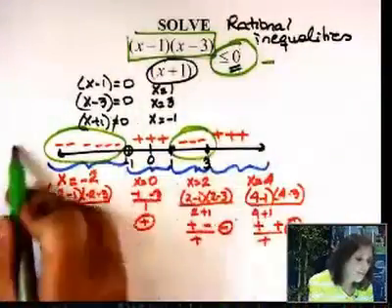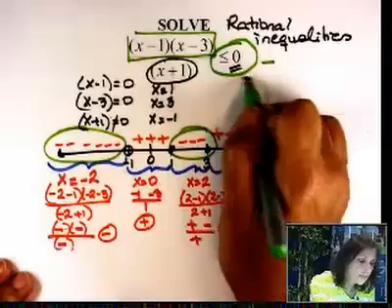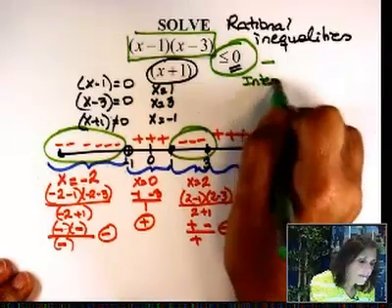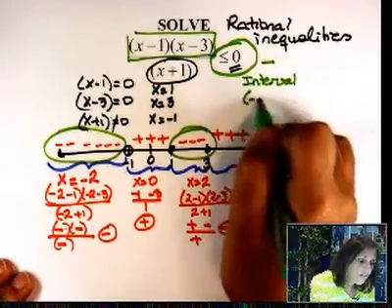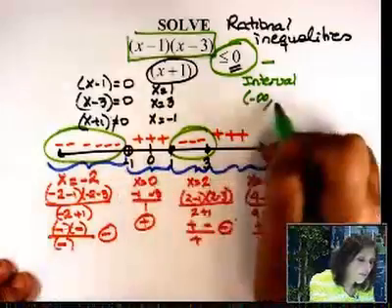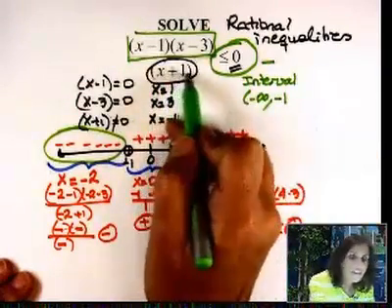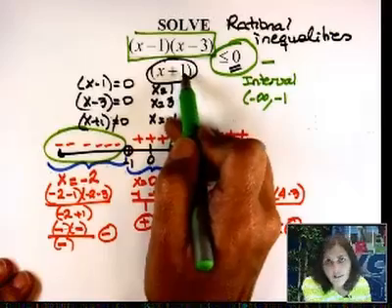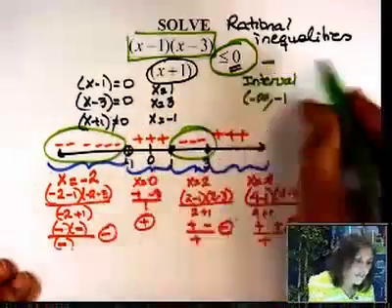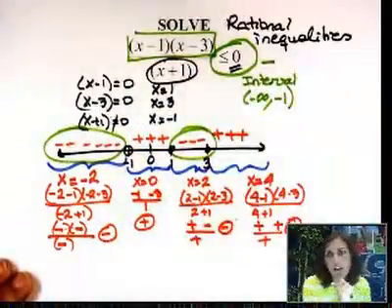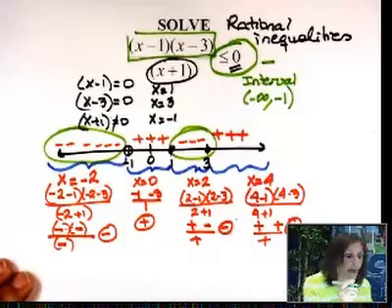So I need to go from negative infinity. Let's do it in interval notation. Negative infinity all the way to negative 1. And since negative 1 is in the denominator, I do not want the negative 1. Remember, I put that to myself. It has to be a parenthesis because I don't want that.